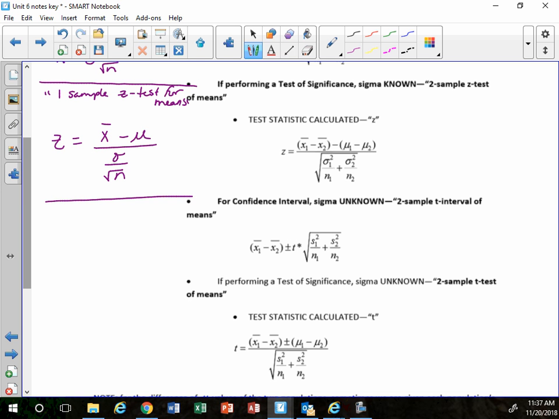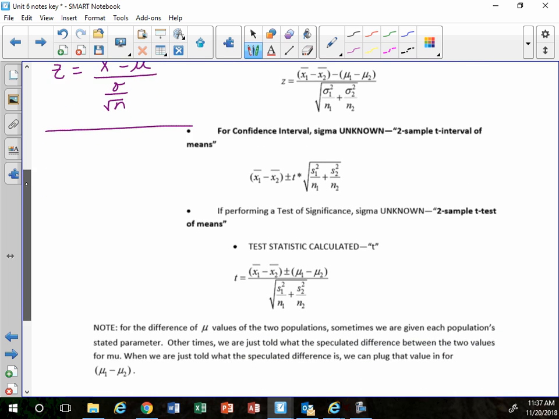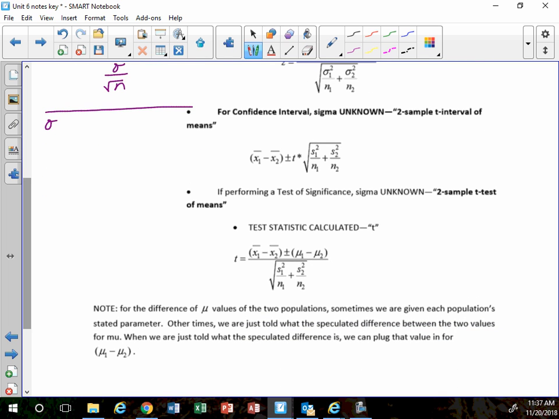Okay. Then we have our confidence interval when we do not know sigma. So sigma unknown. Before we called that a one sample t interval for means.